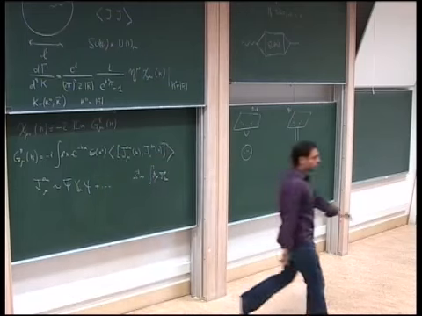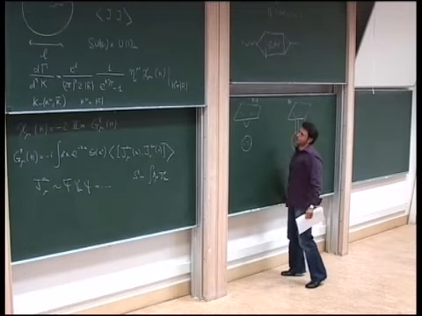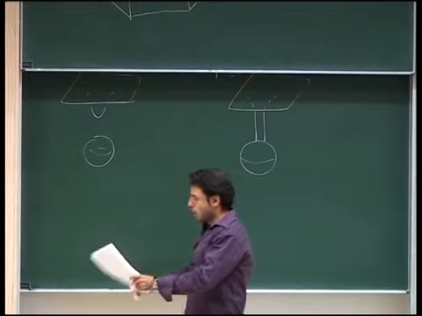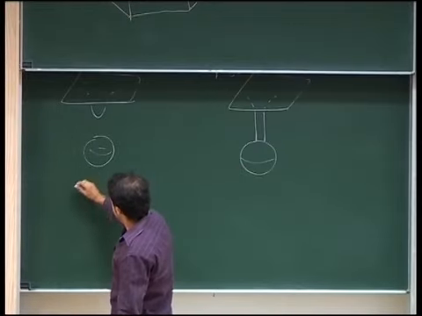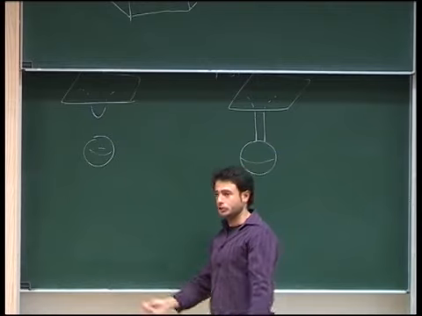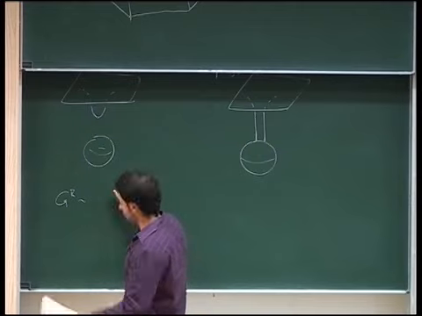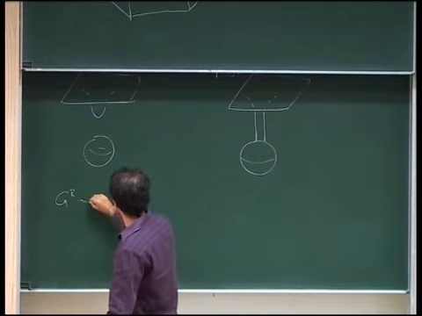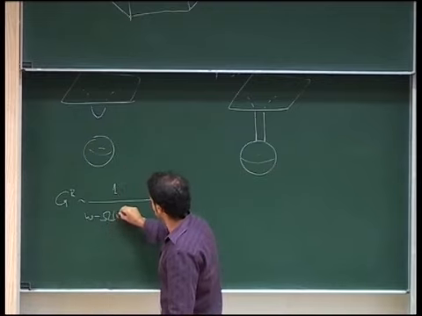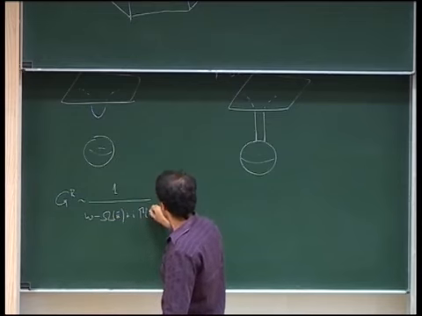Let me give you an example of that. Imagine that you have some particle in your spectrum which is not necessarily absolutely stable. So the retarded correlator has a pole of the form 1 over omega minus capital omega of k plus i gamma of k, where omega is the energy.